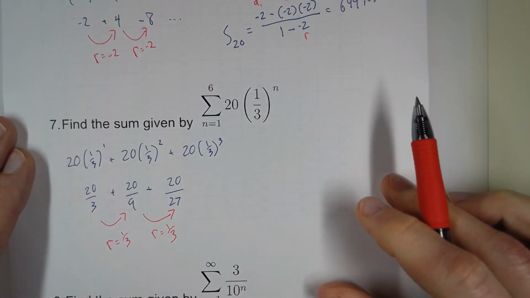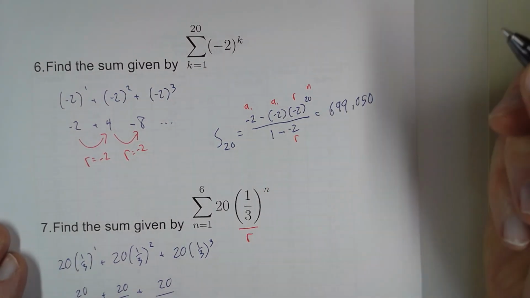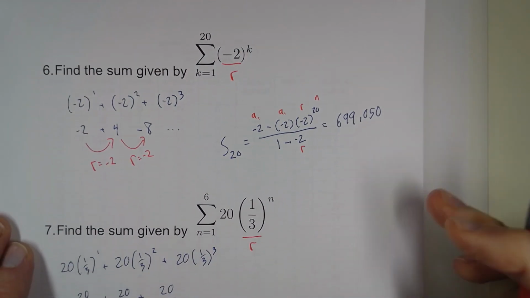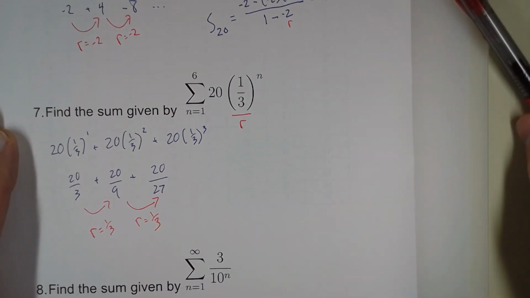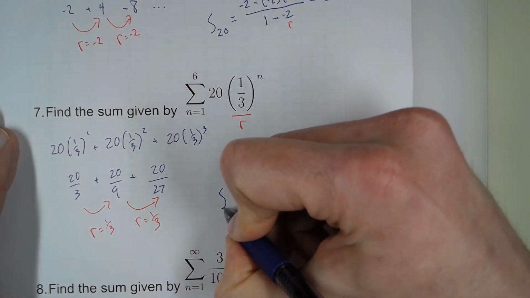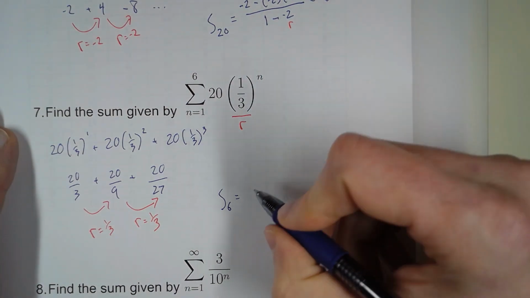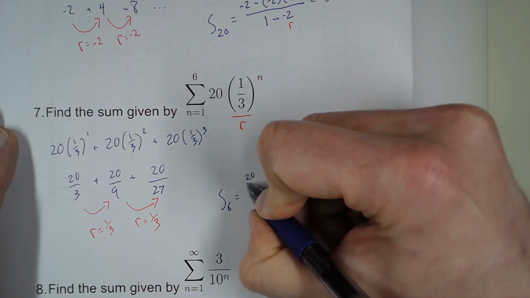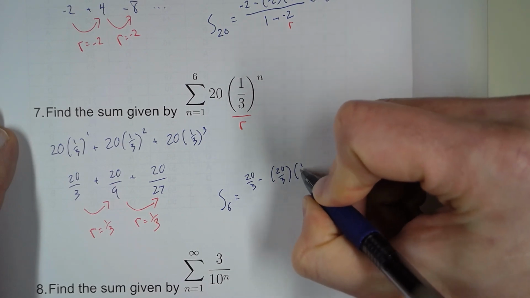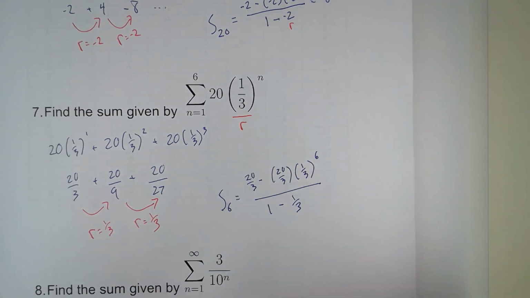And one way you could notice that is if you look at what's carrying the exponent, this is your common ratio, just like it was here for this one. Whatever's holding up the exponent, that's your common ratio for a geometric sequence or series. So here we want to add up the 6 terms because we're going from 1 to 6. So S6, so our first term is 20 over 3 minus the first term, 20 over 3, times 1/3 to the 6th, all over 1 minus 1/3.